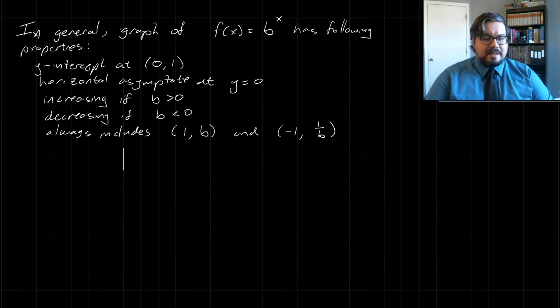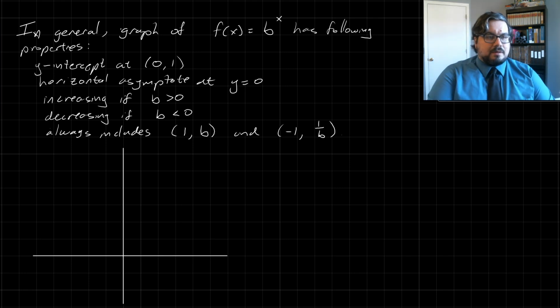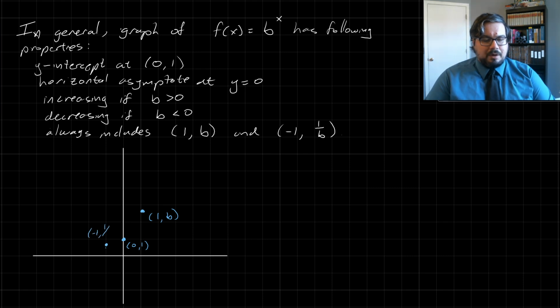So that means that the graphs have two general forms that they can take. We can have the following, where we go through the point 0, 1, then 1, b, and then -1, 1 over b.